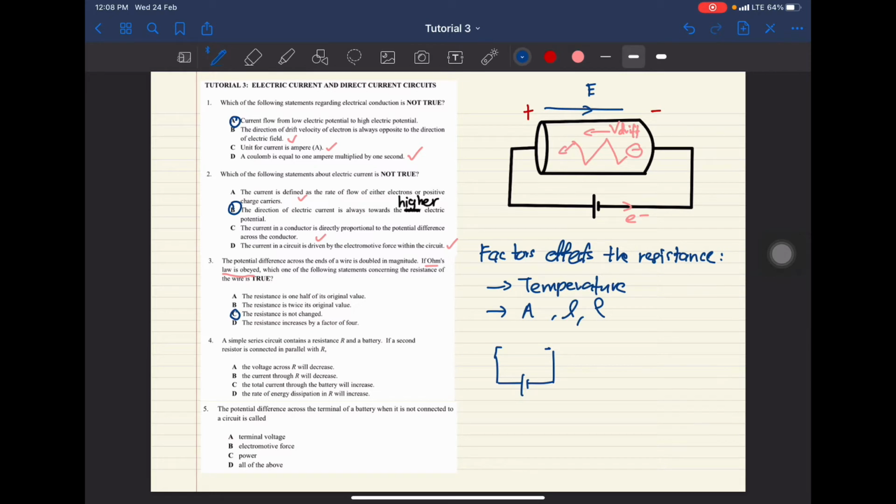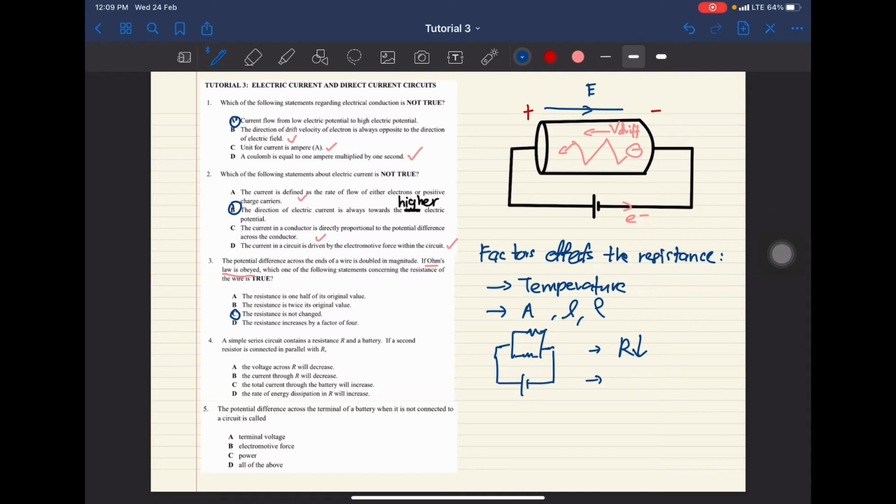Maybe I can draw it like this so that you can see clearly that it is parallel. If you add a resistor in parallel, you actually decrease the resistance. So the resistance will decrease.